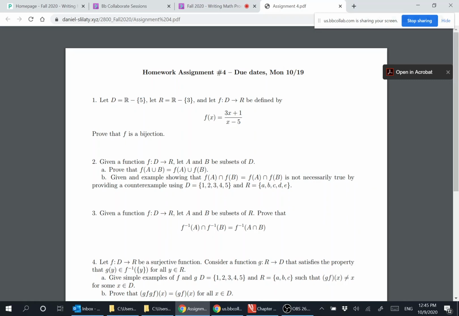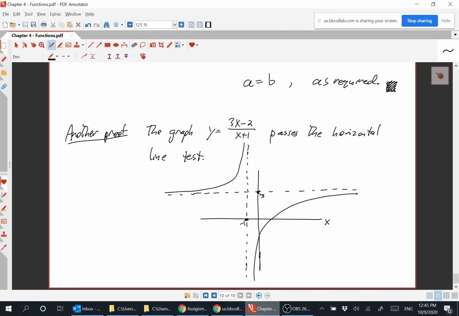So you would have to say why the horizontal line test means something, or just do the algebraic proof. I think the algebraic proof's a little more simple. Okay? All right, so that's 1 to 1, or injectivity. Let's go to the next thing.